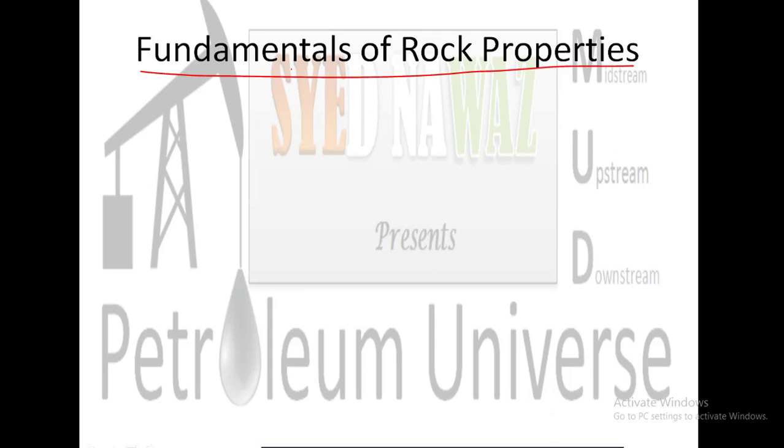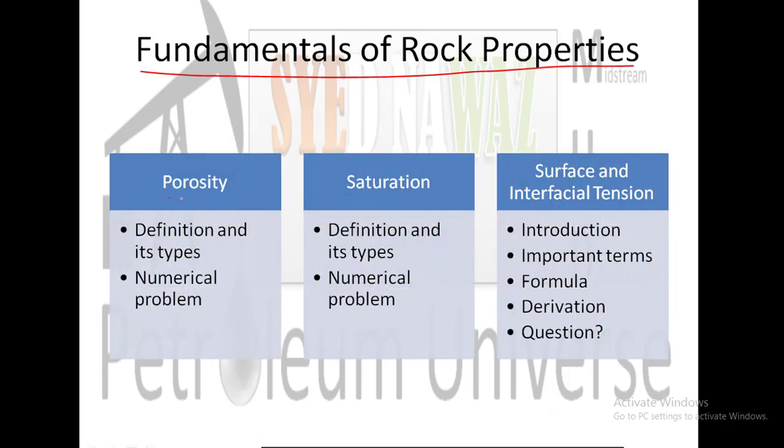From the fundamentals of rock properties, I have already explained some topics, like porosity. In porosity, I explained the definition of porosity, its types, and various formulas for how to calculate it. You can even visit my channel to see the numerical problems I explained with reference to previous GATE papers.